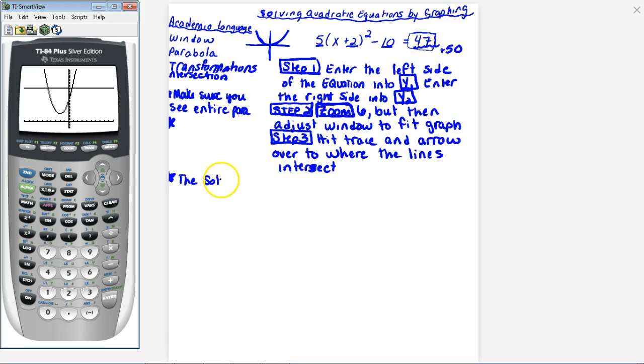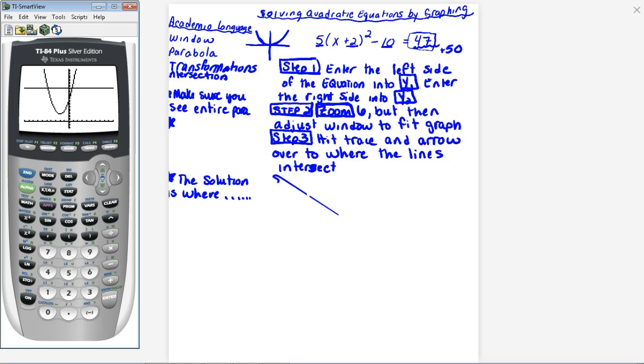The solution is where they intersect, okay? And make sure you write where they intersect. And then we're going to arrow over, then estimate, since when we're solving, we're trying to solve this for x, right?